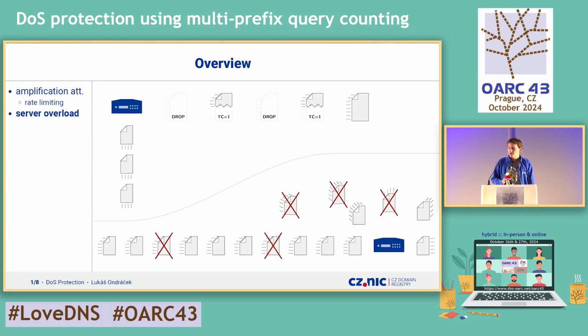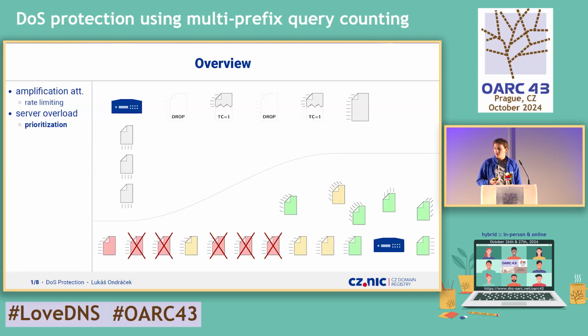In this case, we measure the time we spend on queries from the same host, and then when we receive another request, we assign it some priority level. So we reorder the waiting queries, and when there is not enough time to process all of them, we will probably drop the ones which have low priority.